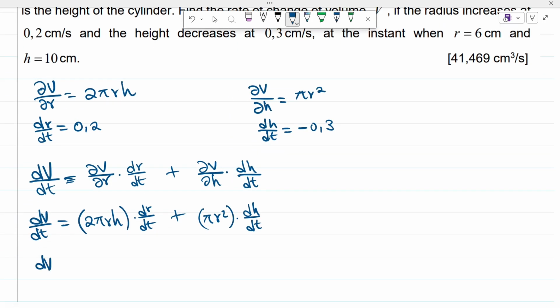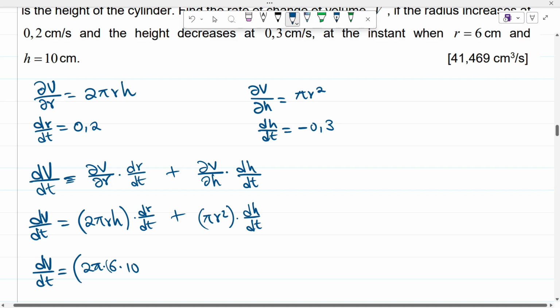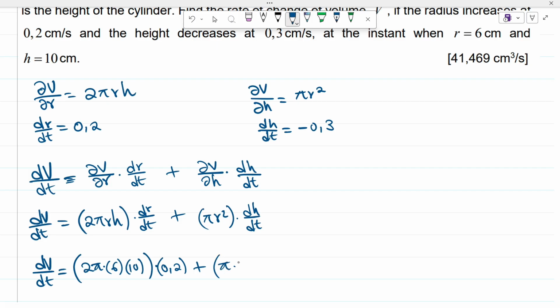So dV/dt is equal to 2 pi times r, which is 6, times h, which is 10, multiplied by dr/dt, which is 0.2, plus pi times r squared, which is 6 squared, multiplied by dh/dt, which is negative 0.3.